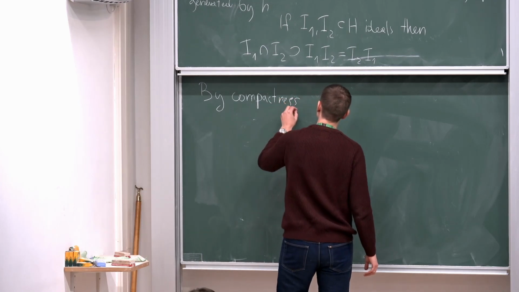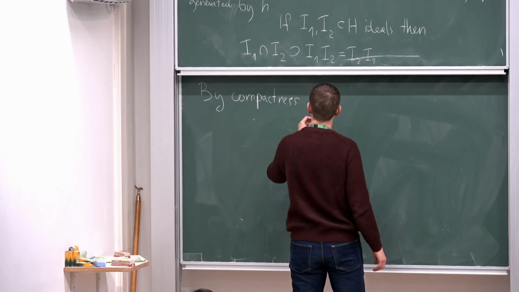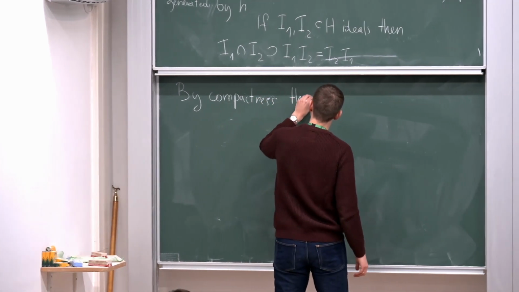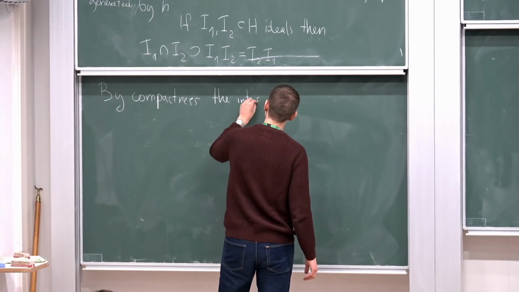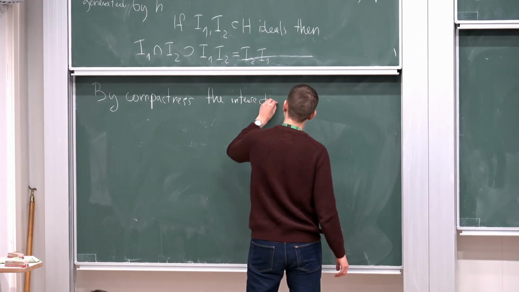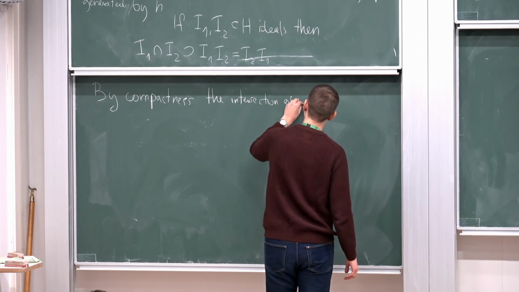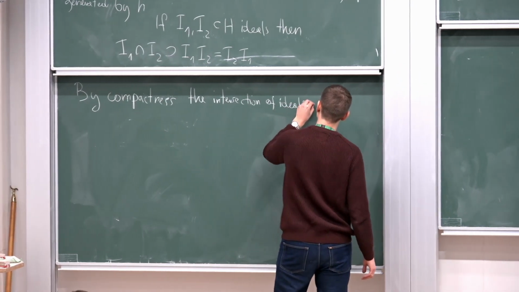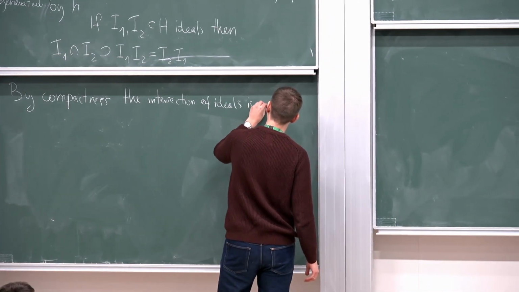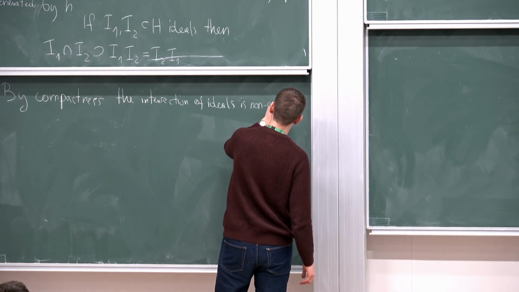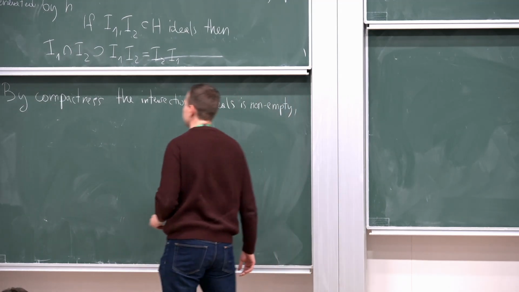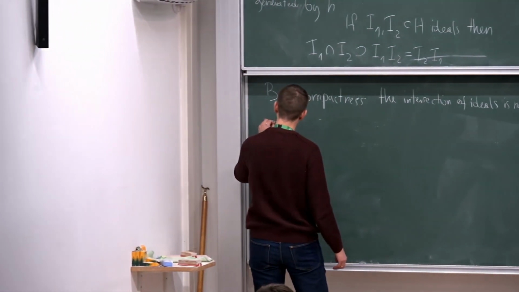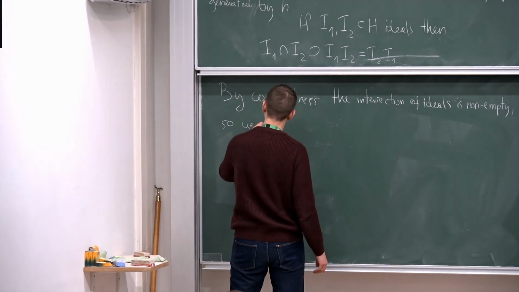So by compactness, the intersection of ideals, we get a kind of minimal ideal.